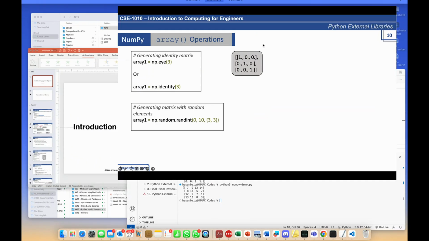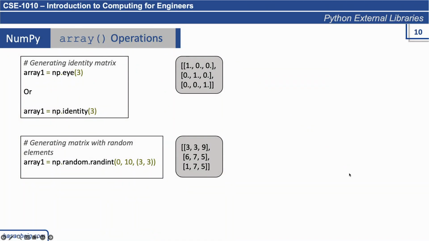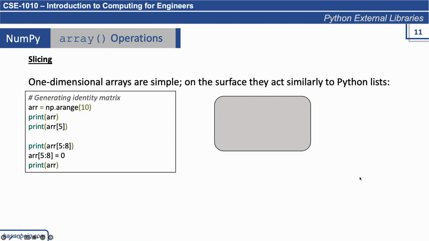Okay, so let's go back here. And there is another thing in slicing. One-dimensional arrays are simple on the surface. They act like a simple Python list.